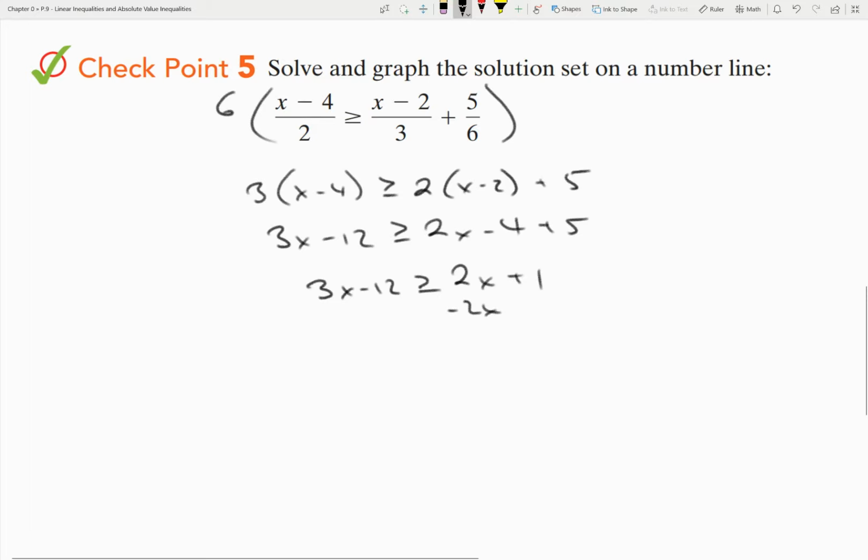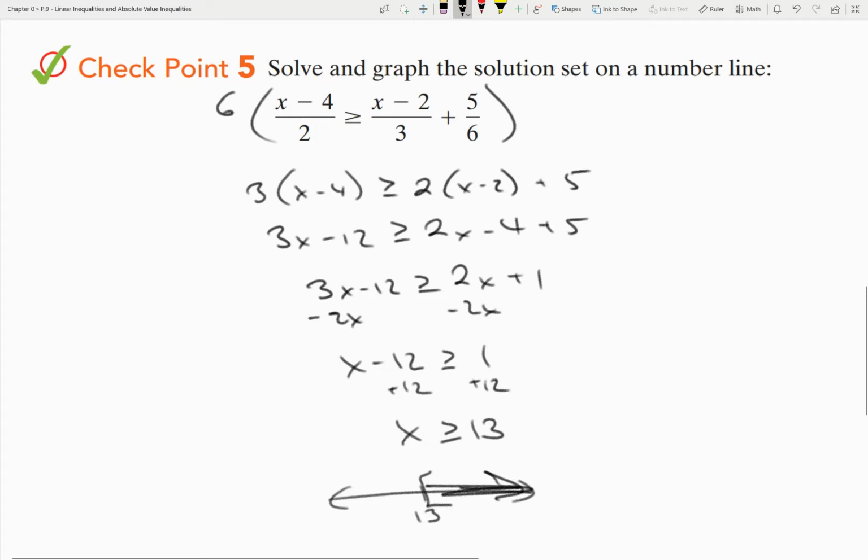Look, when I subtract now, I don't have to reverse the inequality because I don't have to divide by a negative number. My graph is x is greater than or equal to 13, so we're going to go this way. My interval is from, not a parenthesis, a square bracket, from 13 to infinity.